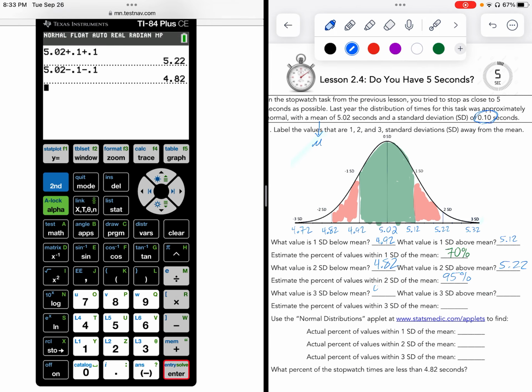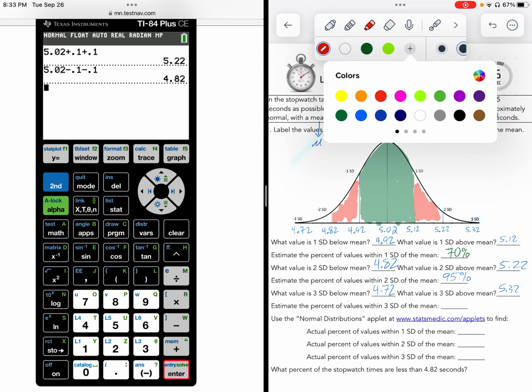That would be the 4.72 and the 5.32, these two numbers here and here. What percent is there? If I highlight some more, let's go with a blue.